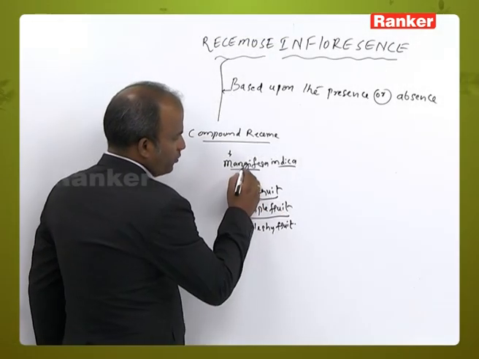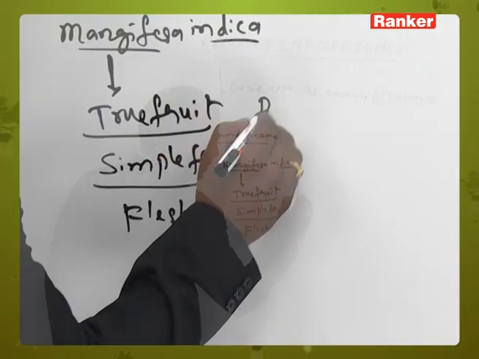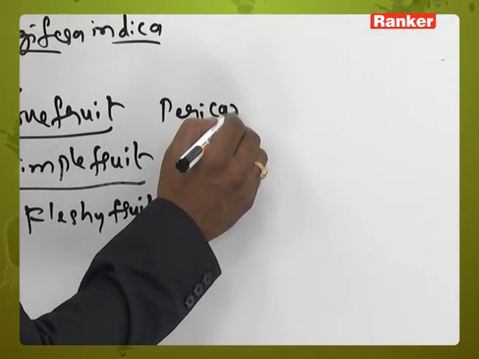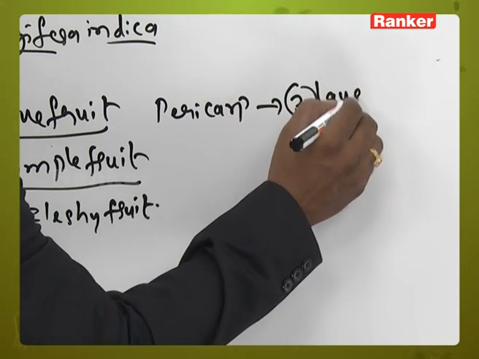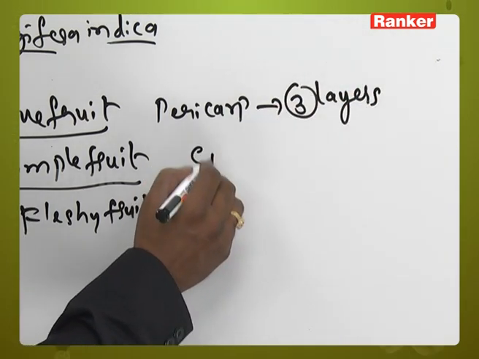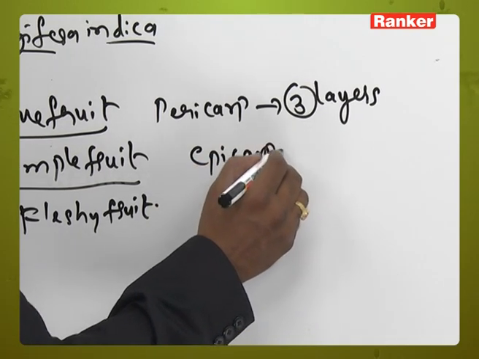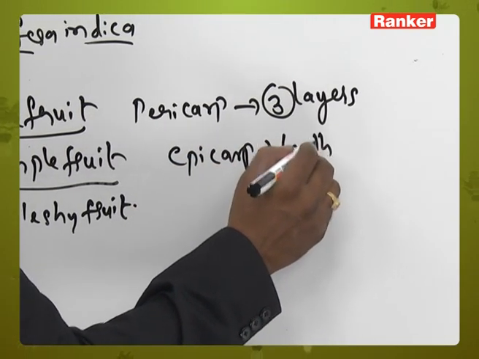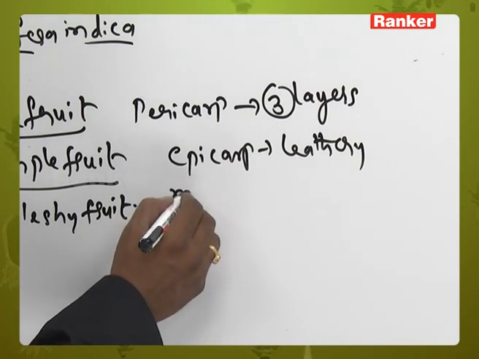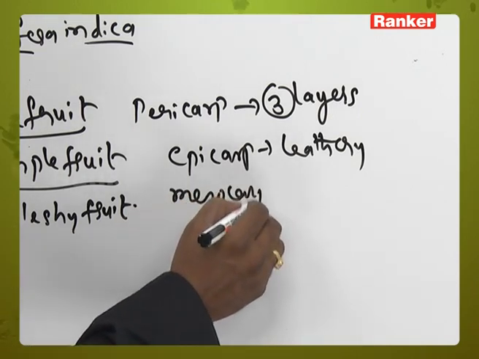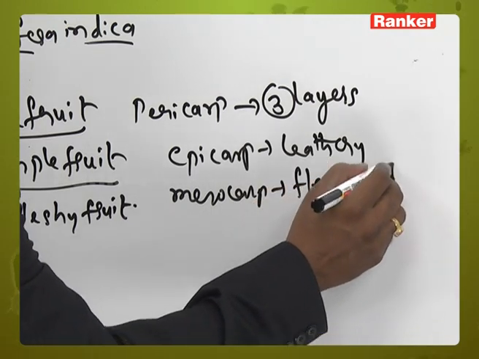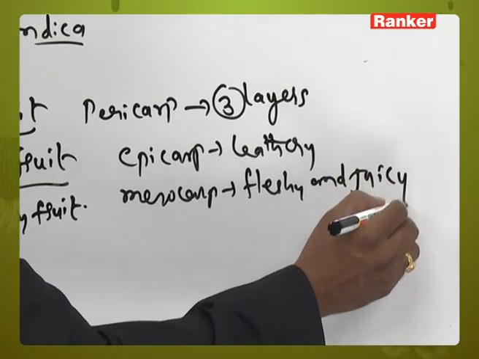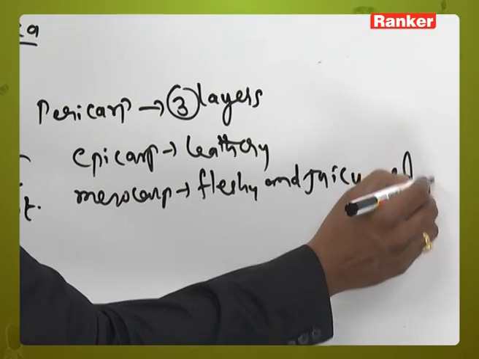In this true fruit Mangifera indica, the pericarp is differentiated into how many layers? 3 layers. One, the epicarp, which is leathery. Second, the mesocarp, which is fleshy and juicy, and it is the eatable portion.